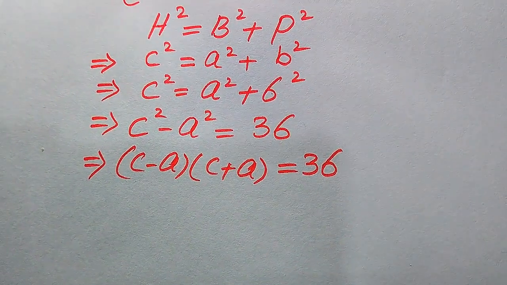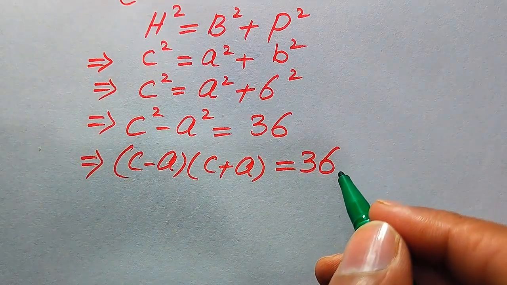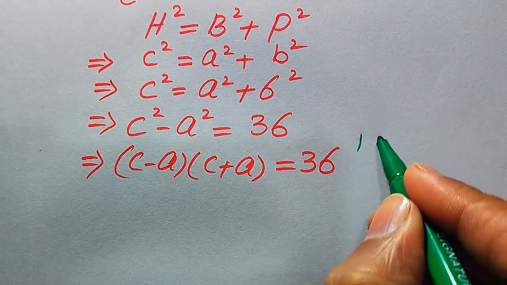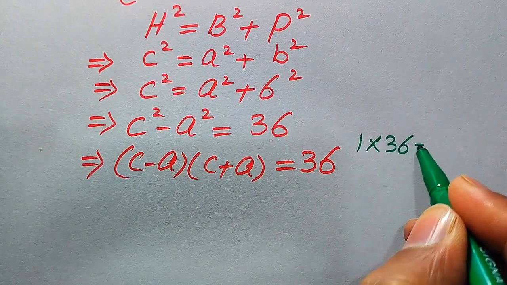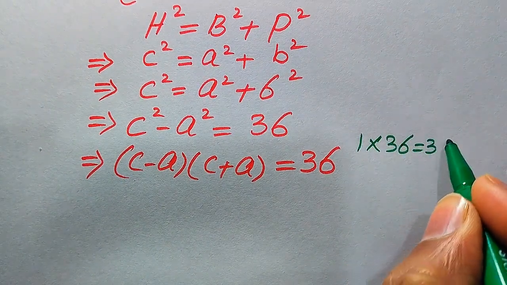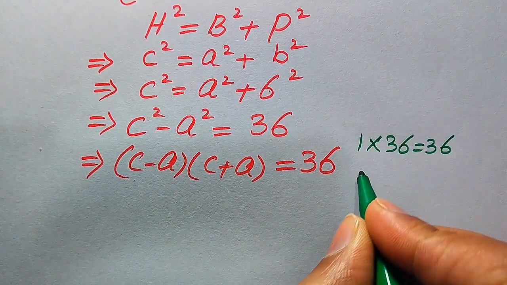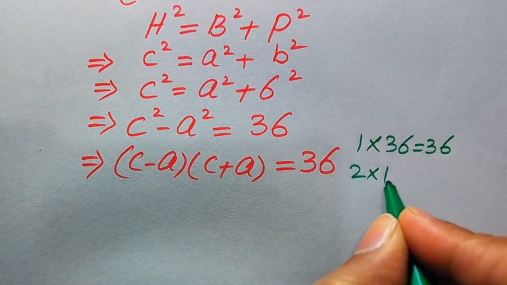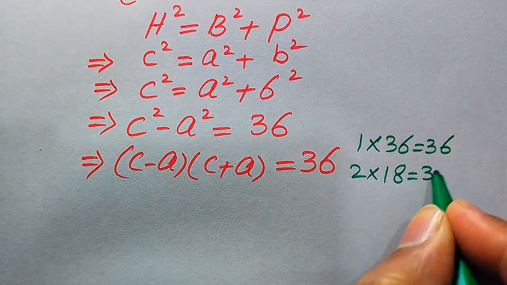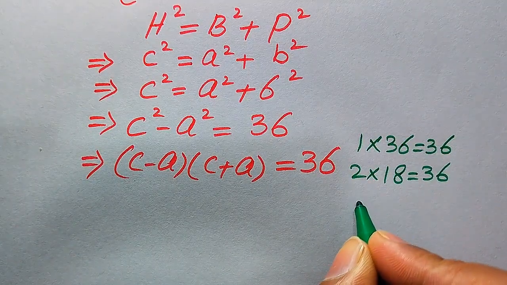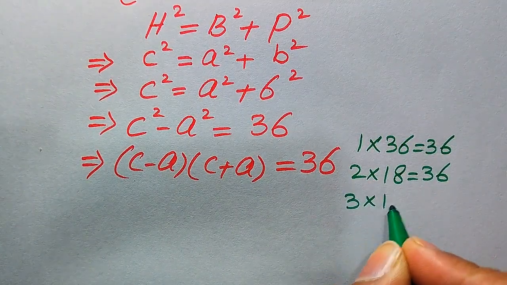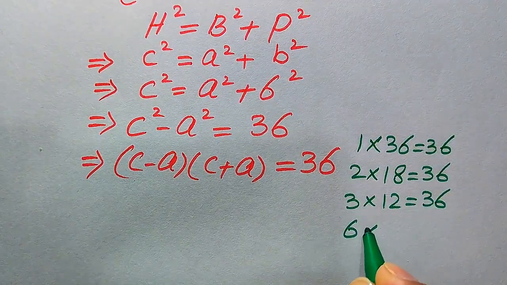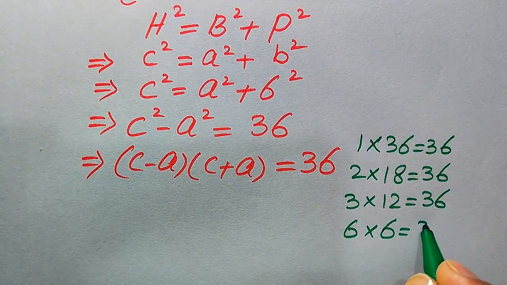Here we have the possibilities in which the product of two positive numbers becomes 36: 1 times 36 equals 36, 2 times 18 is also equal to 36, 3 times 12 is equal to 36, and 6 times 6 is equal to 36.